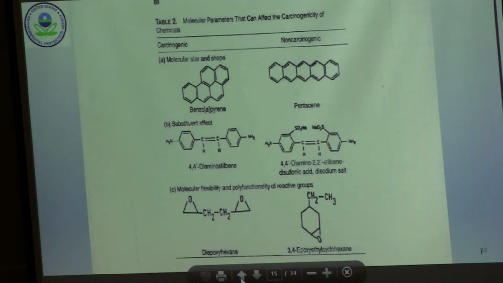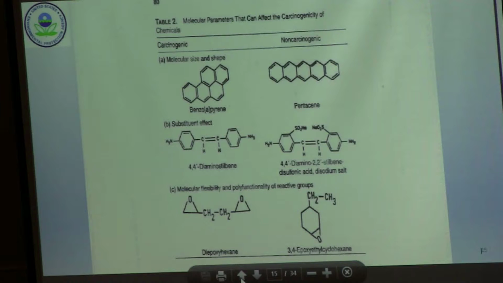I mentioned that molecular size and shape are important. As shown here on the left-hand side, this is benzo[a]pyrene, a polycyclic aromatic compound. Virtually all of the potent angular PAH compounds have about 4 to 6 benzene rings.